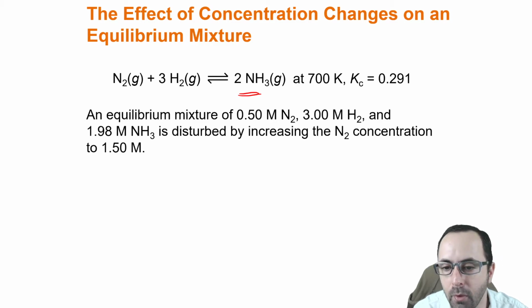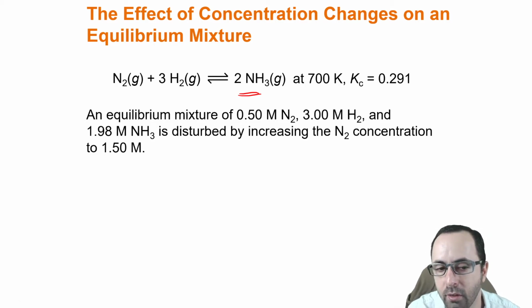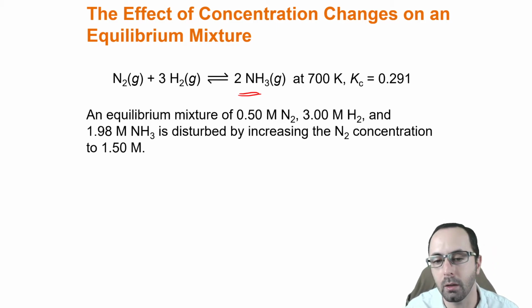Let's say we have an equilibrium mixture of 0.5 molar nitrogen, 3 molar H2, and 1.98 molar NH3, and we disturb this by increasing the nitrogen concentration. So that's another way: we force in a bunch of reactants to try to force this reaction forward. Let's calculate Q here and compare that to K, because that's how we determine numerically which direction the reaction will go.